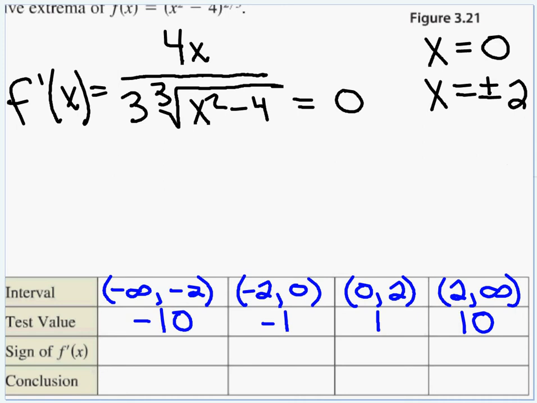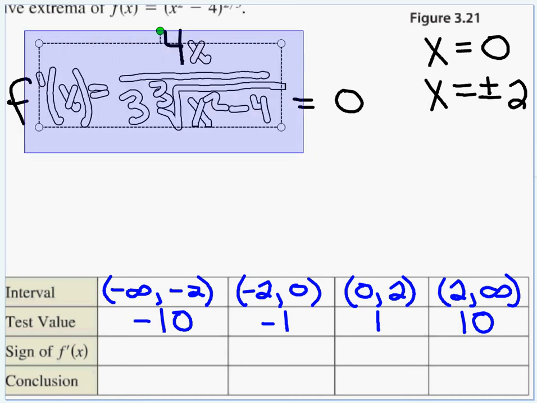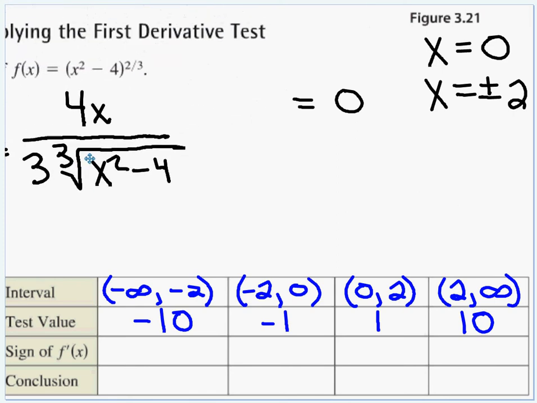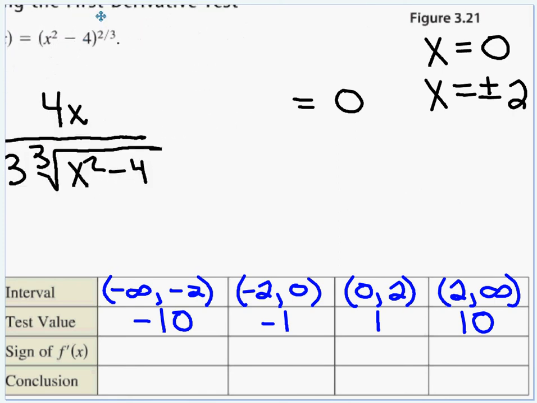I'm going to move this derivative down here so it's a little more accessible. We'll figure out if the numerator is positive or negative, and then the denominator, and then our sign will go in here, and then the conclusion. So negative 10 up here, 4 times negative 10 is negative. Now watch this. All the action occurs under the third root radical.